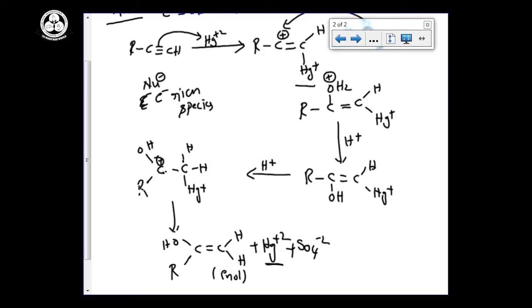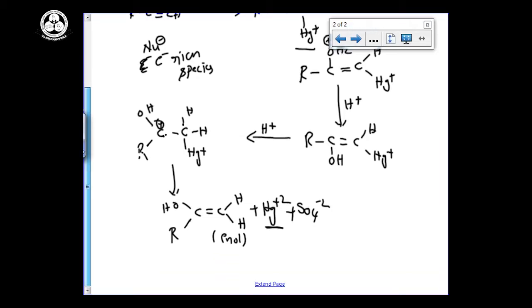That's why here Hg plus is called a catalyst. That's why it is called a mercuric ion catalyzed reaction. Only the mercuric ion is involved in the reaction.